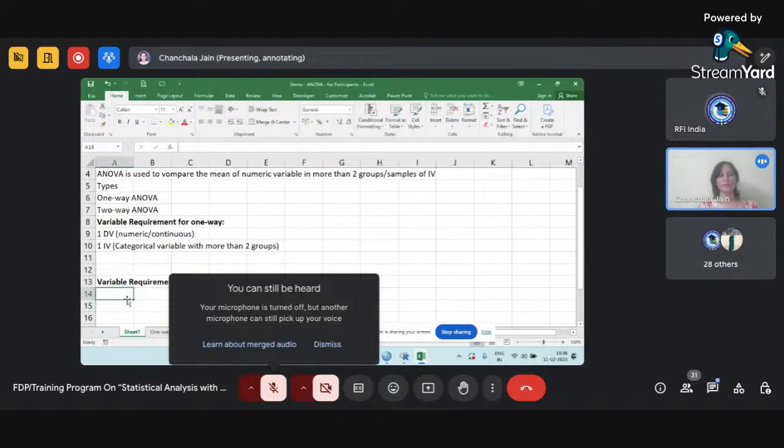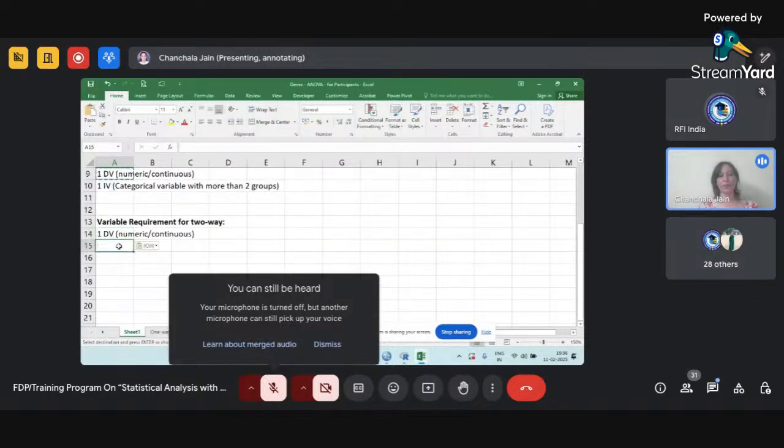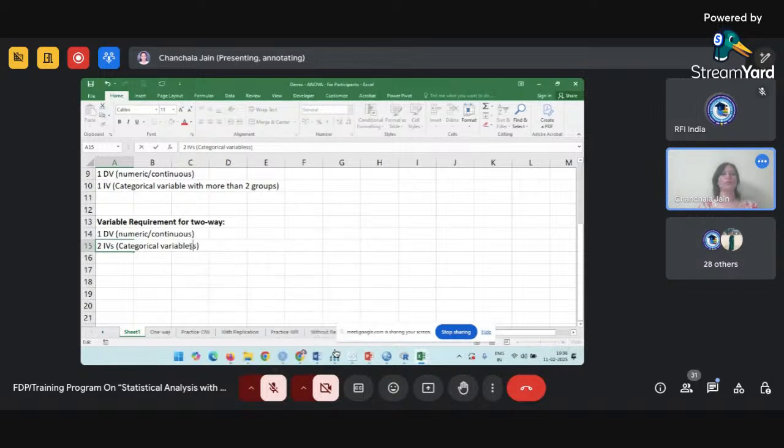Here we will have one dependent variable, which will be numeric, and we'll have two IVs, that are categorical variables. So this is the variable requirement of the two-way ANOVA, right?